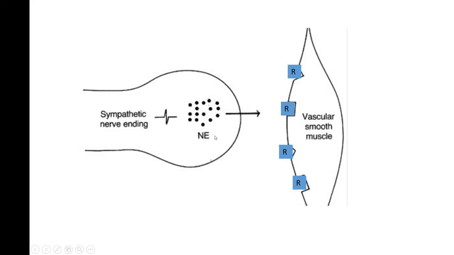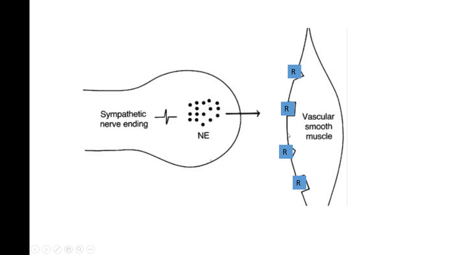These noradrenaline molecules will act on the receptors, either alpha or beta receptors, and accordingly there will be action on vascular smooth muscle. Vascular smooth muscle will contract or dilate: vasoconstriction or vasodilation.